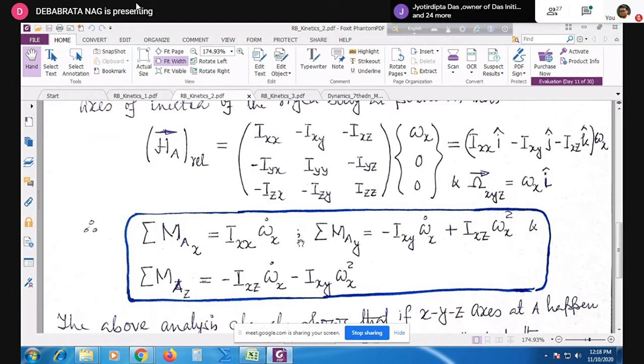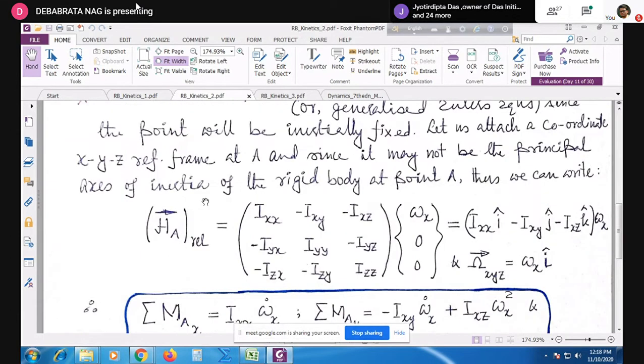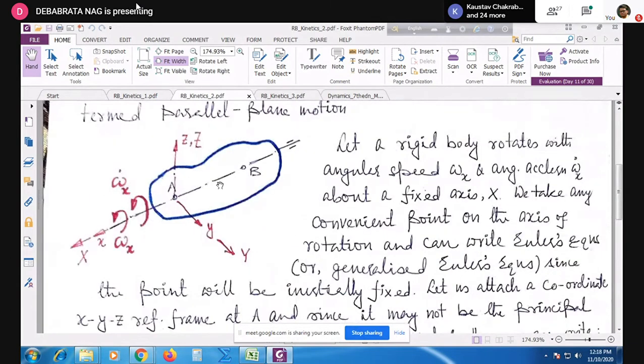Now here you see that we have chosen this rigid body, and it is rotating about a fixed axis. The fixed axis is taken to be the x-axis, and this is y and z. Now in many cases you may have different axis orientations.